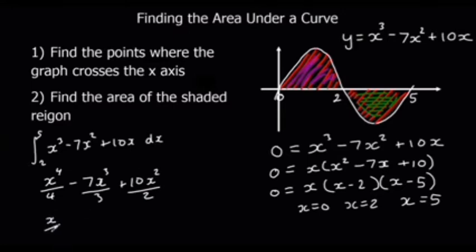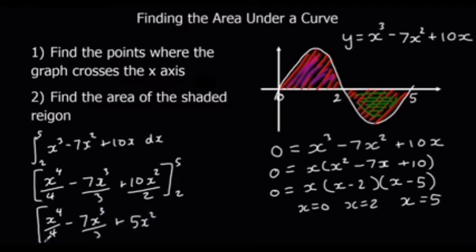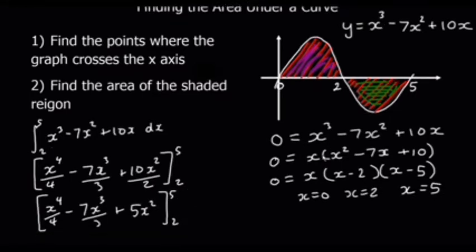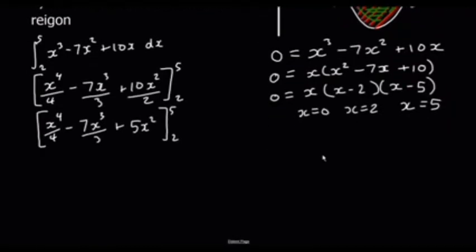So we'll go x to the power 4 divided by 4 minus 7x cubed over 3 plus 5x squared. And that will be between 5 and 2 in the first instance. So we'll substitute in 5, substitute in 2, and take them away.